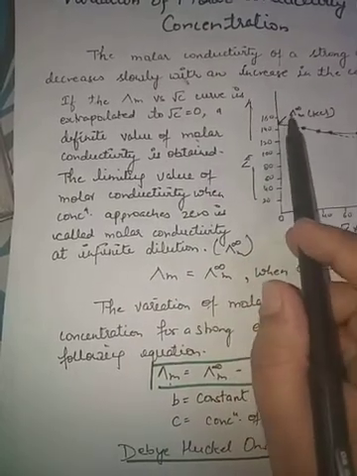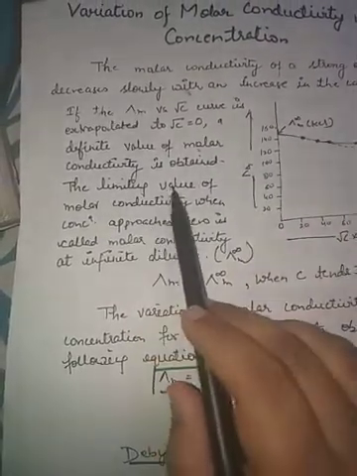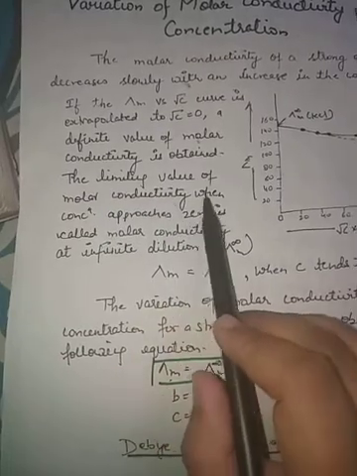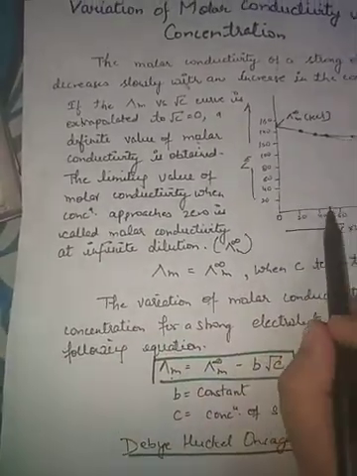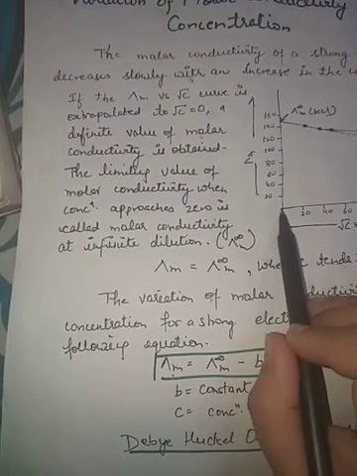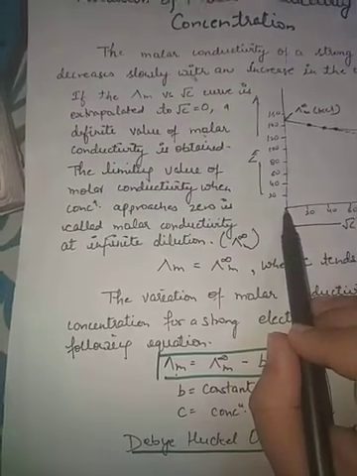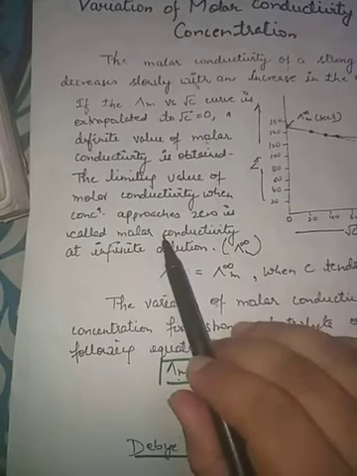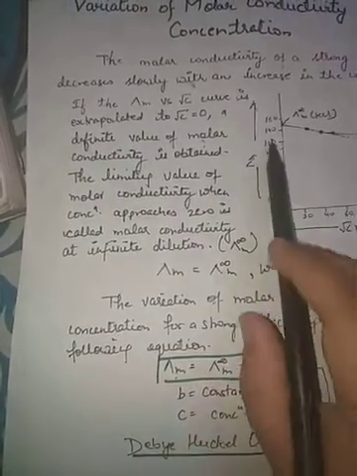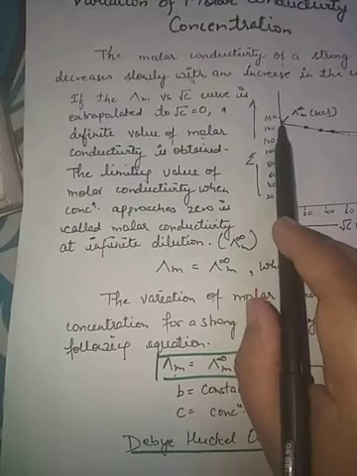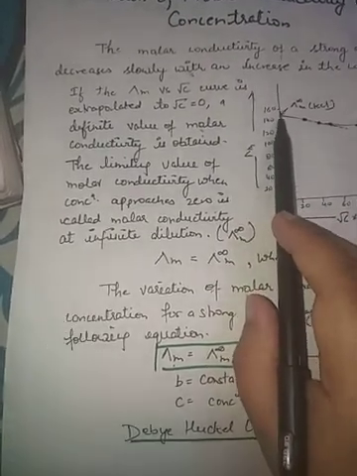This is the limiting value of molar conductivity when concentration approaches 0. Here the concentration has approached 0, that is infinite dilution. It is called molar conductivity at infinite dilution. It is for strong electrolytes.